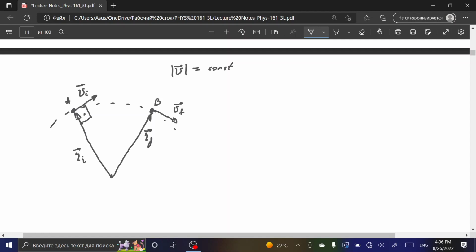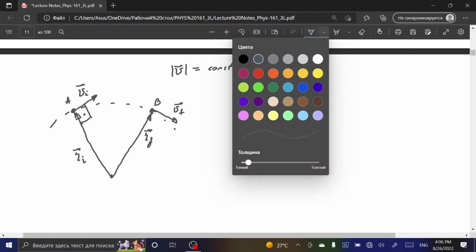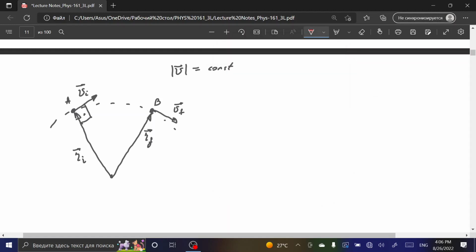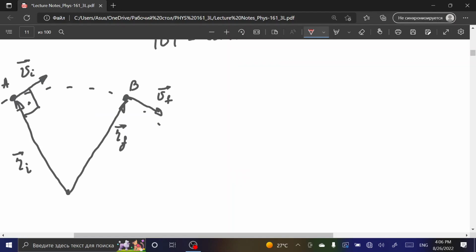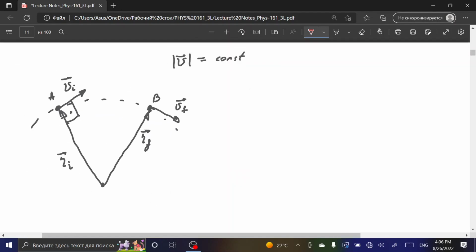Let us show it with a different color. At every moment of time, because of the change of orientation of the velocity vector, we have such an acceleration vector, which is called the centripetal acceleration vector, and this vector is always perpendicular to the velocity vector.